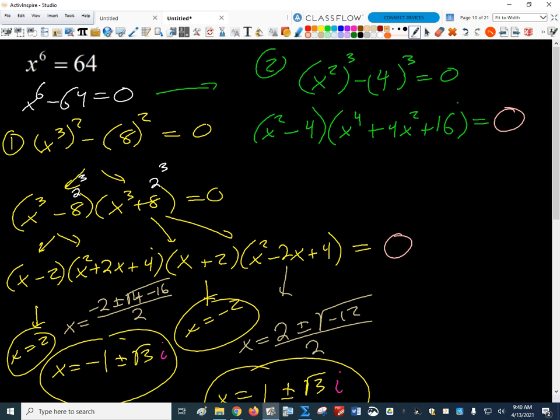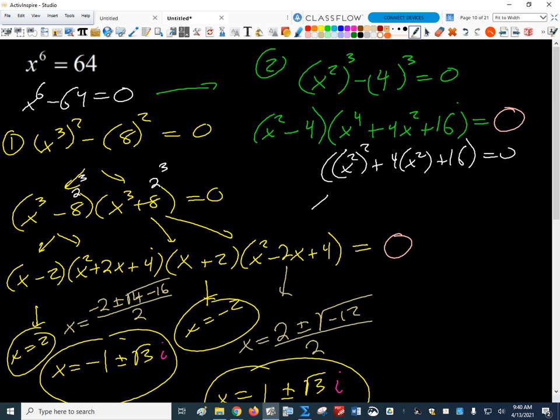It's going to work, but if I want to solve this equation right here, I've got to think of this as being x squared squared plus 4x squared plus 16, and I've got to solve the quadratic equation for x squared, right? Because this is a quadratic expression in packets of x squared only, right?